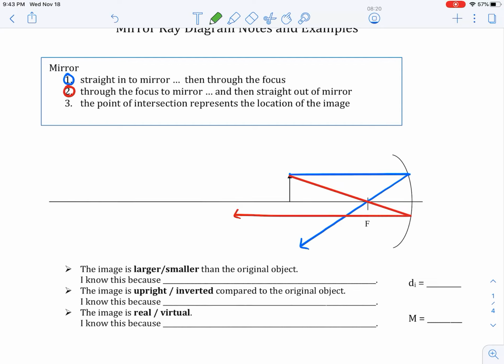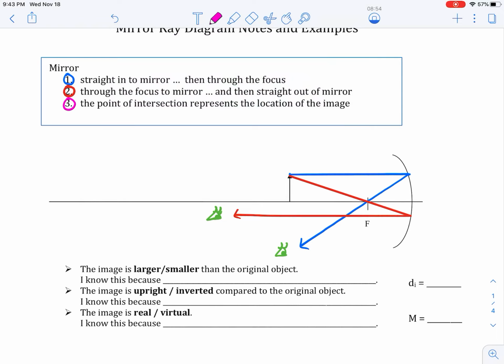So I put the arrow points on the blue segment that bounced off of the mirror because that is the actual light that's going to reach my eyeball. I put the arrowhead on the last part of the second set of lines because that is the light that's going to actually strike my eyeball and send the information to the brain.